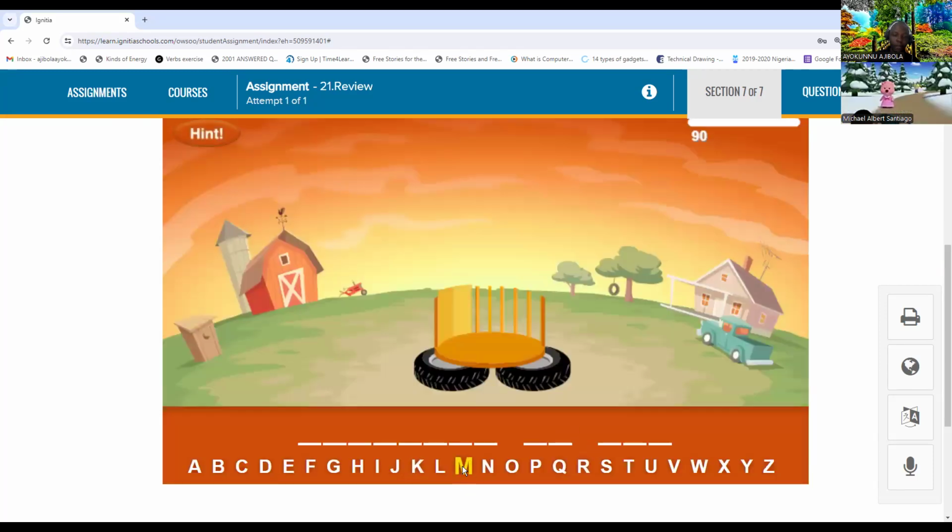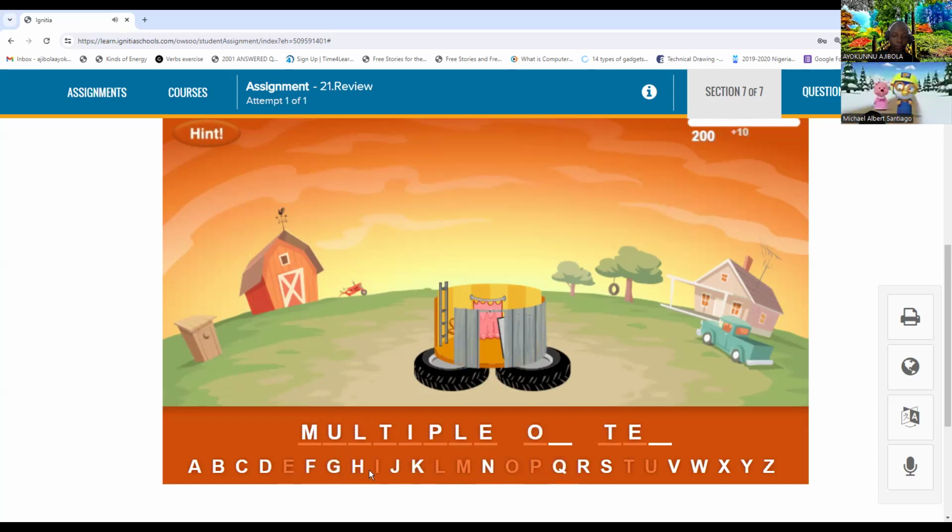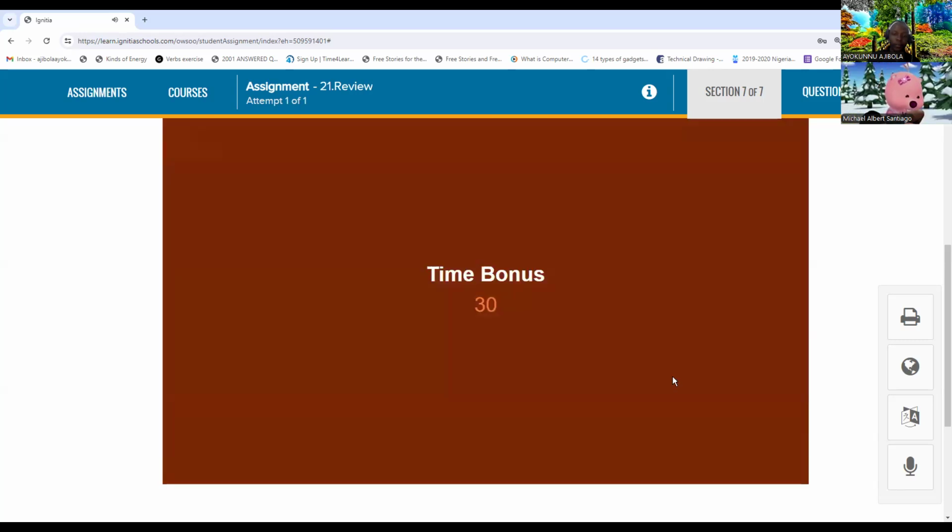So let's spell it: M-U-L-T-I-P-L-E, then of, then 10. Multiple of 10.